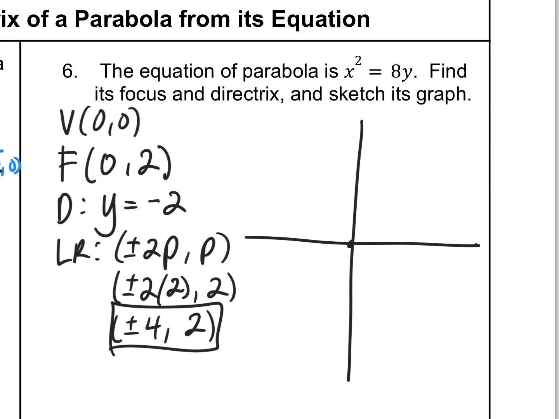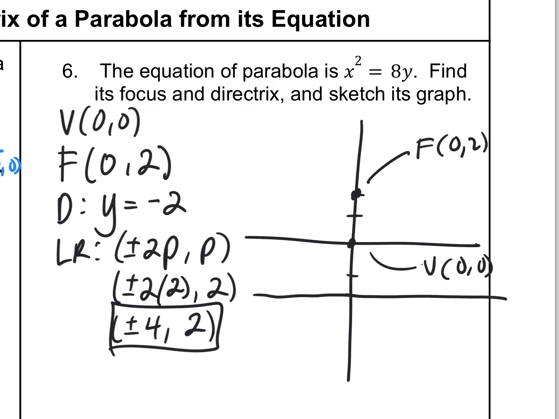Okay, so my vertex is going to be at 0, 0. Next is going to be my focus, which is at 2. So this is going to be our F, 0, 2. Next, below here is going to be what you call your directrix, which is y is equal to negative 2. Now the coordinates of my latus rectum will be this one.